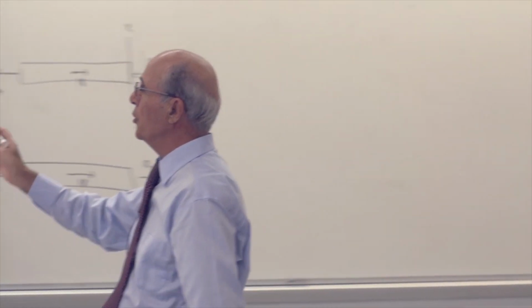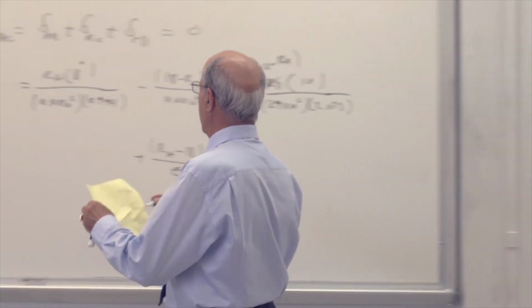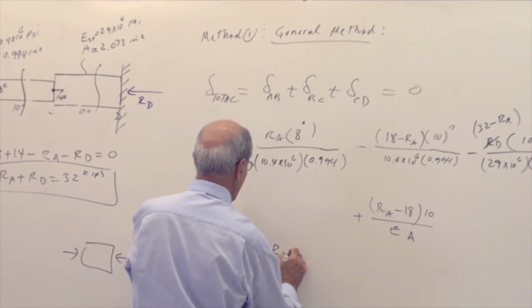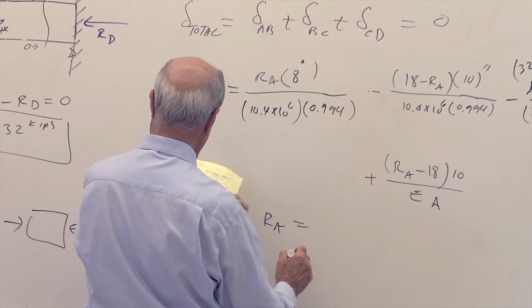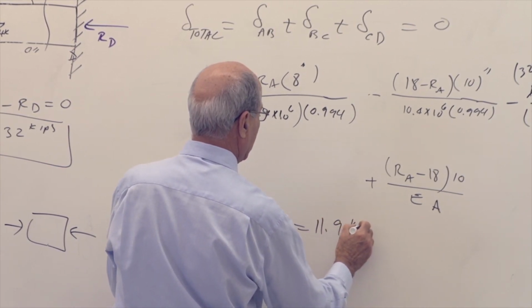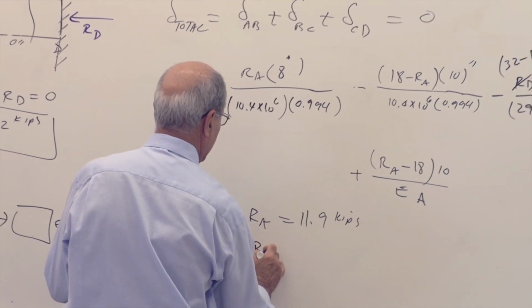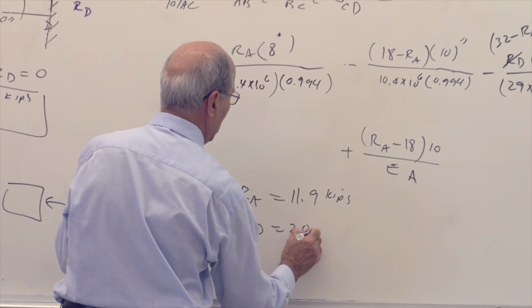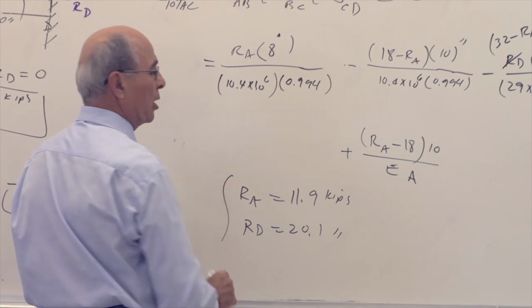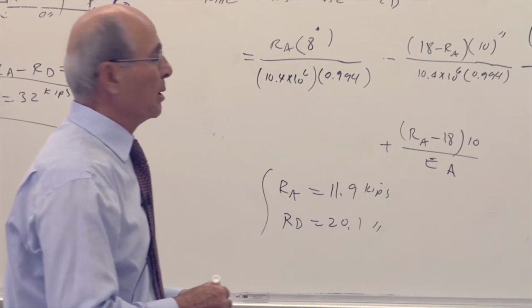So anyhow, the only unknown is the value of RA. So you calculate RA. RA ends up to be equal to 11.9 kips. After you find RA, you can calculate RD. RD ends up to be equal to 20.1 kips, for a total of 32. And therefore, the problem is solved.